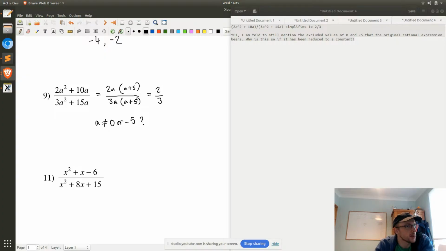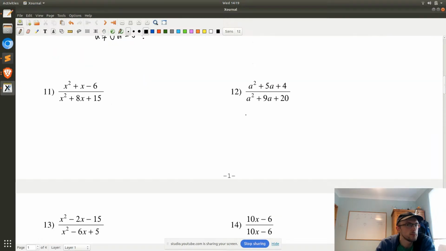The simplification is only legitimate where a is not equal to 0 and -5. Okay. I'm fine with this. All right.